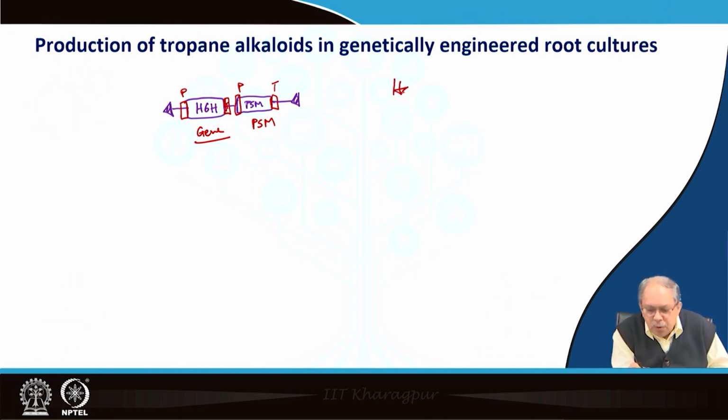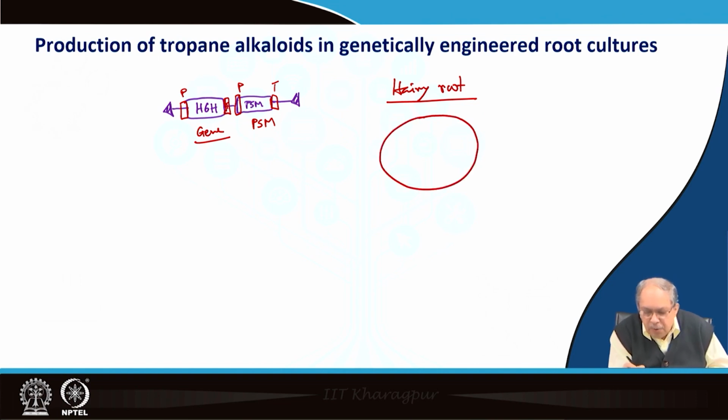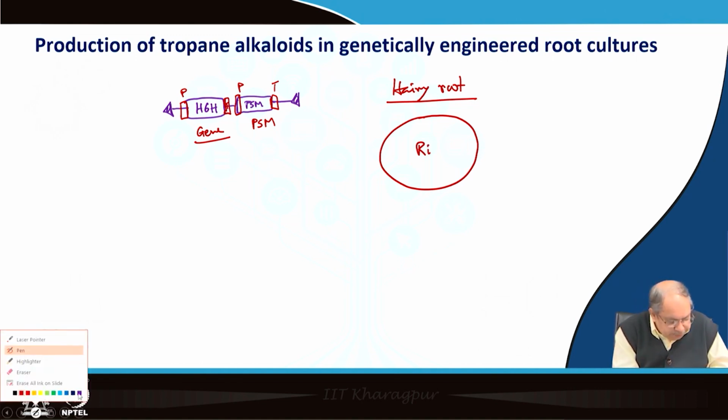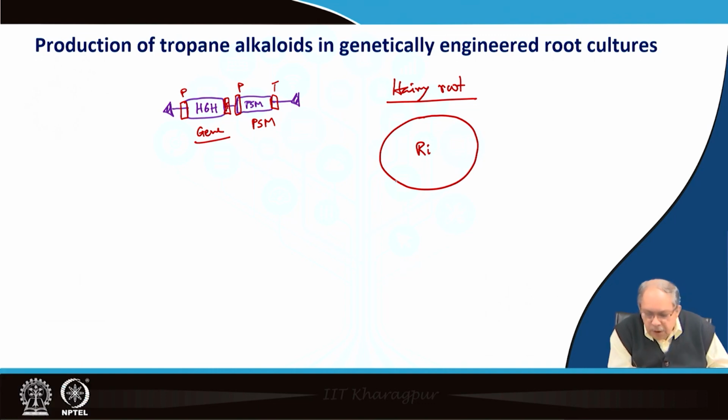Now, hairy root is basically formed, as I have mentioned in the previous class very briefly perhaps, because of the RI plasmid. So, Agrobacterium rhizogenes has the RI plasmid. That means it has the region of virulence as well.